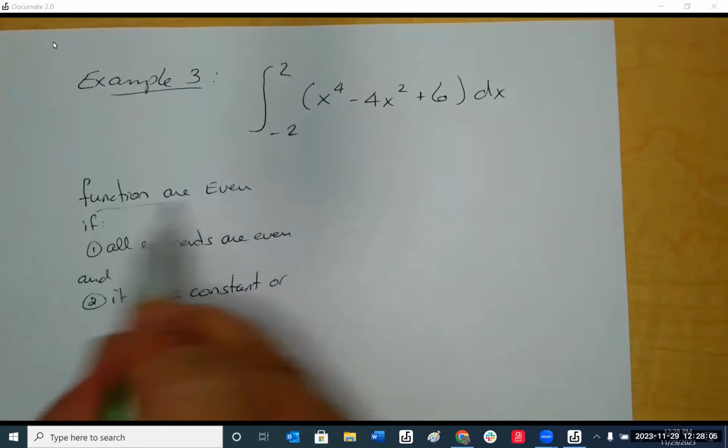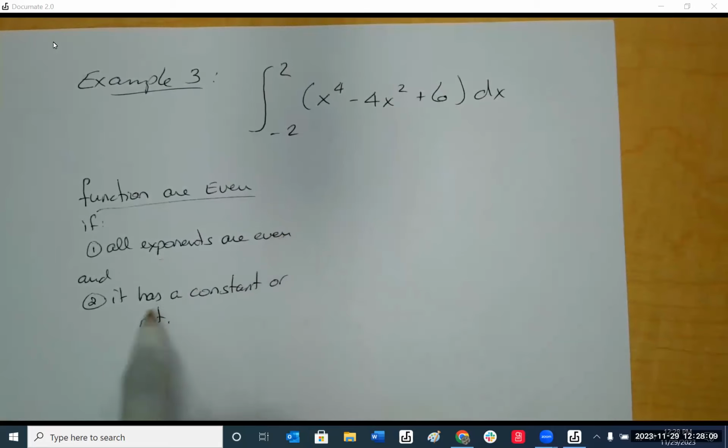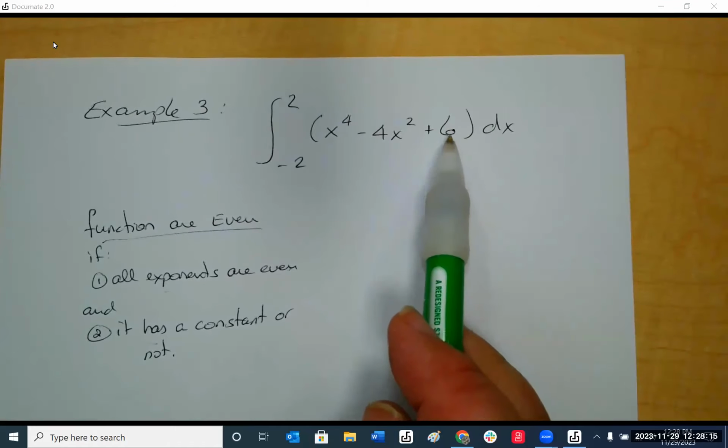In other words, as long as all the powers are even, it can have a constant term or not. Even functions are the only ones that can have a constant.